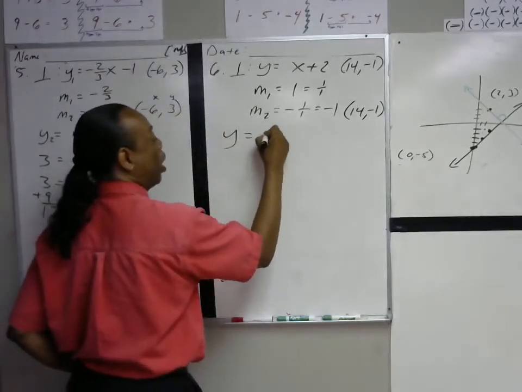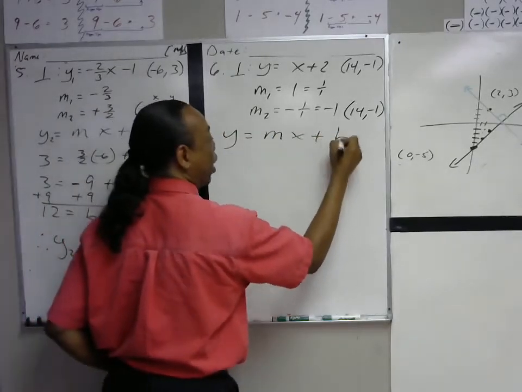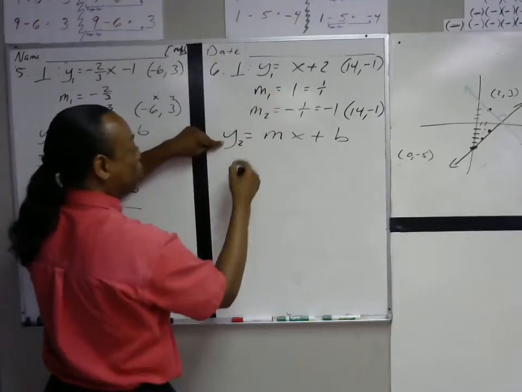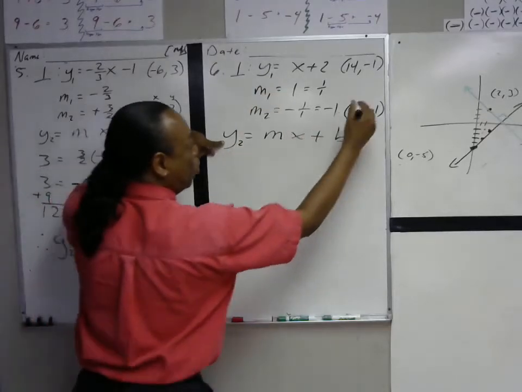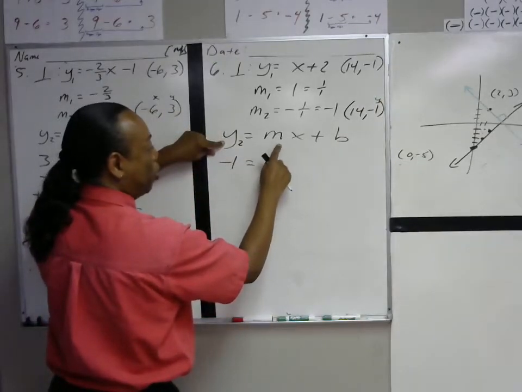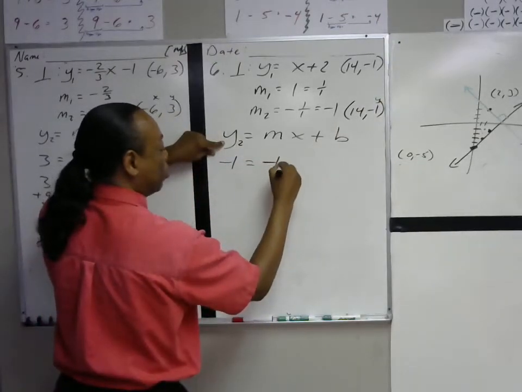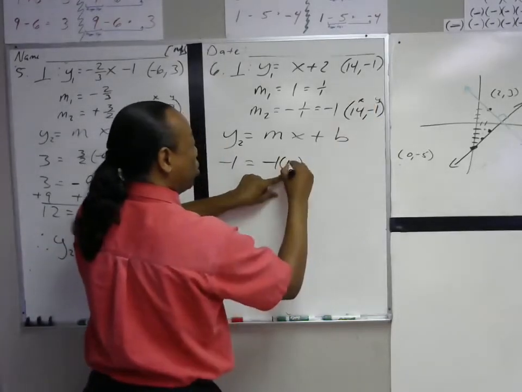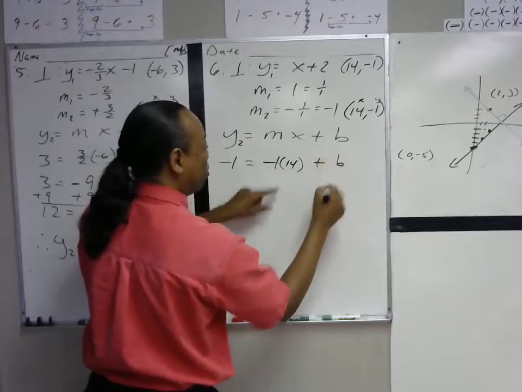So we'll start off with y equals mx plus b to create our line, our second line, so the first line. So y is going to be negative 1. Our slope here is going to be negative 1. The x here is going to be 14 plus b.